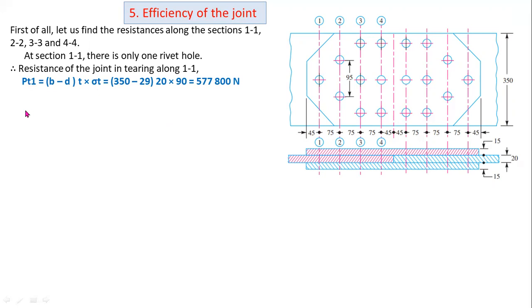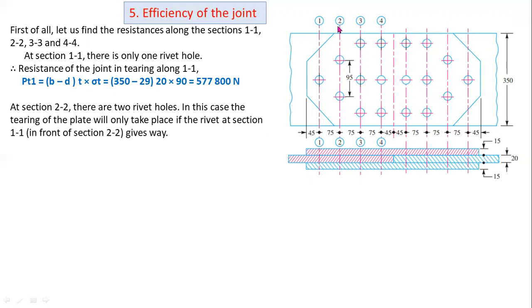PT1 equal to (B minus d) into t into sigma t. Here there is only one rivet, so you have to consider a single diameter. The value is 5,77,800 newtons. In the second row, at section 2-2, there are two rivet holes, so you have to consider two diameters.